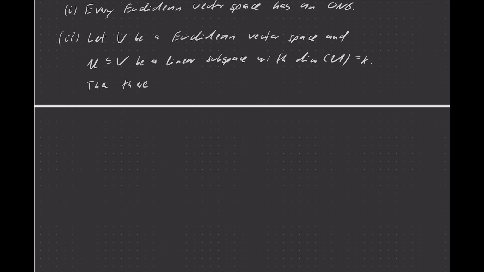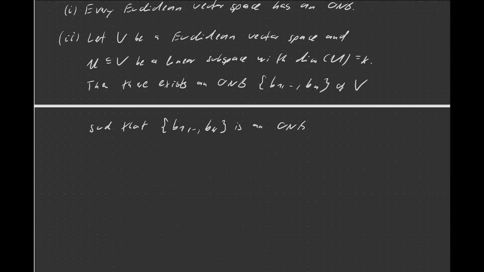And what we say is that there exists an ONB b1 to bn of V such that the first part b1 to bk is an ONB of U, and the second part bk plus 1 to bn is an ONB of the orthogonal complement of U.